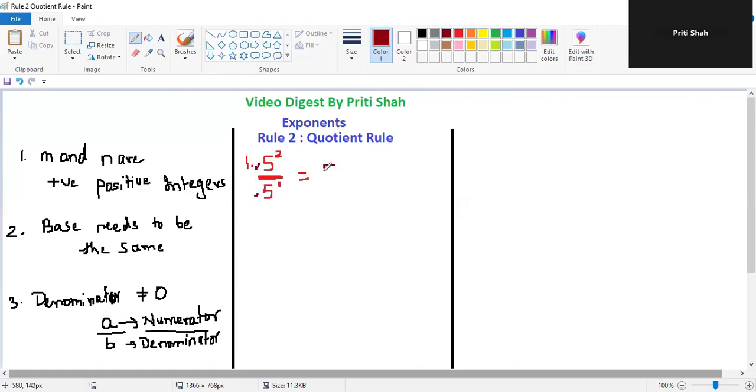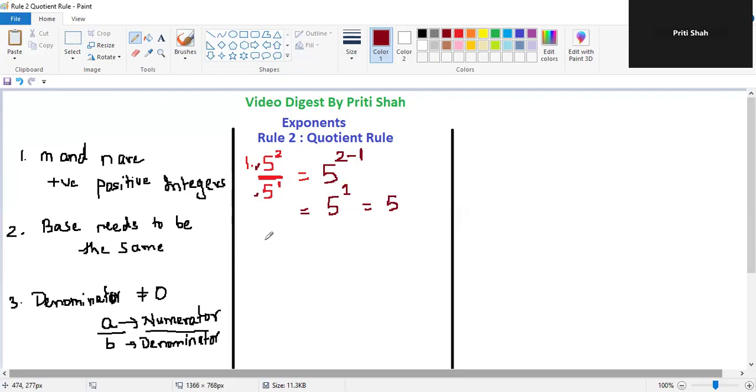So we'll write 5. Now, what happens to the exponents? The exponent of the numerator is 2, and the denominator is 1. We have to subtract that from 2. So the answer will be 5 raised to the power 1, or it is also written as 5.